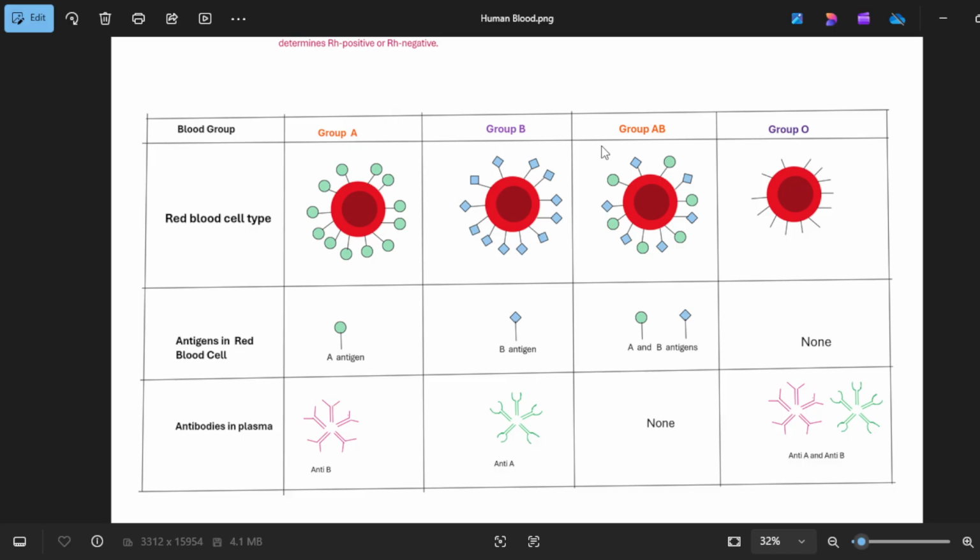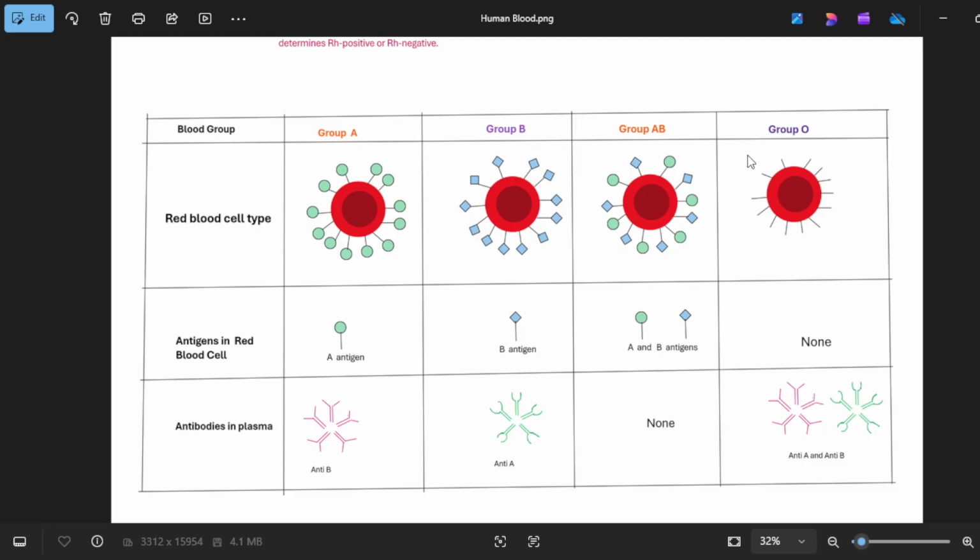This will form group B. In group AB, you have both antigens A and B on your red blood cells and no antibodies in plasma. And in group O, you do not have any antigens, but you have both antibody A and antibody B in your blood. So these are the different types of blood groups.